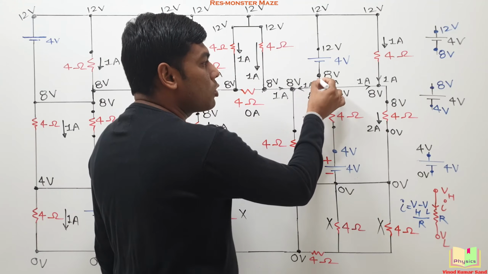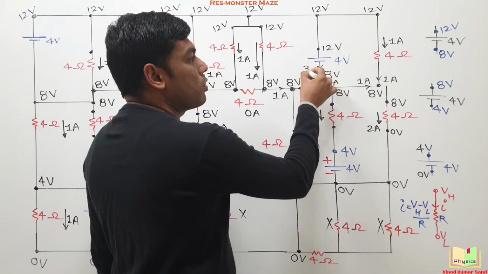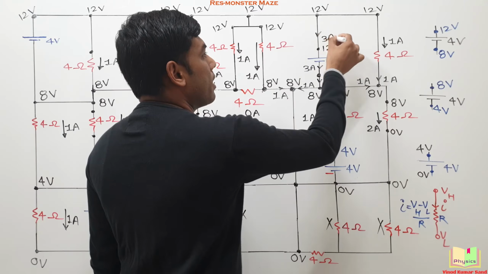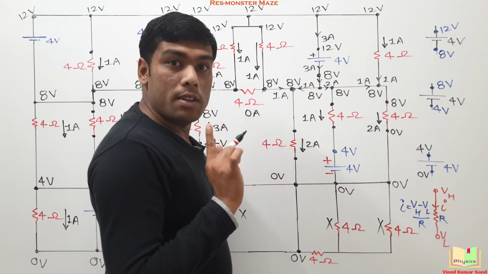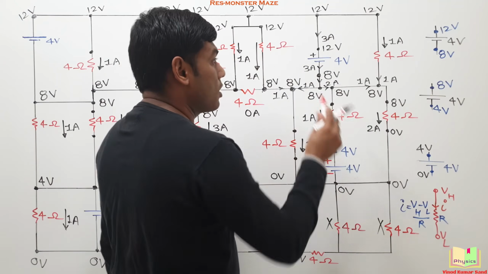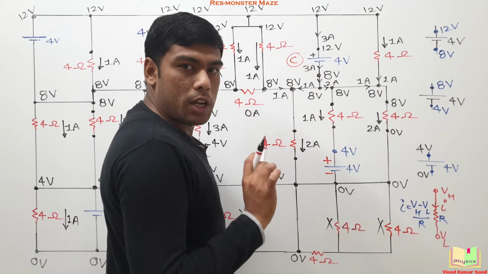It means how much should be the incoming for this junction? It should be actually 3 ampere. Do you agree? It means 3 ampere current is entering into the positive terminal of this battery. This battery is actually getting charged. Okay. C is indicating for charging.